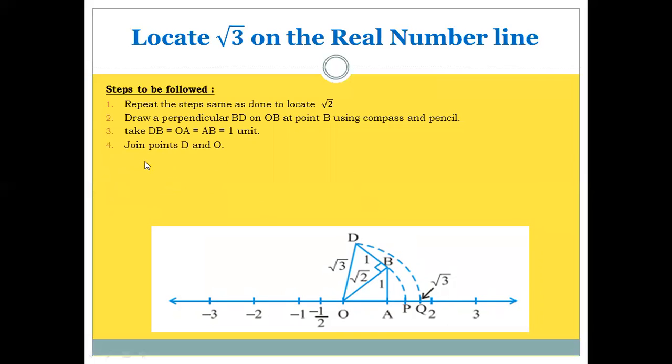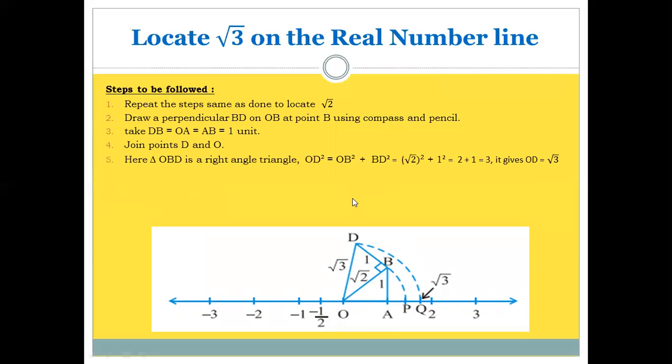Now next we have to join points D and O. So D and O, both the points are joined here, and we see that OBD is a right angle triangle again. So OB is the base, DB is the perpendicular, and OD is the hypotenuse.